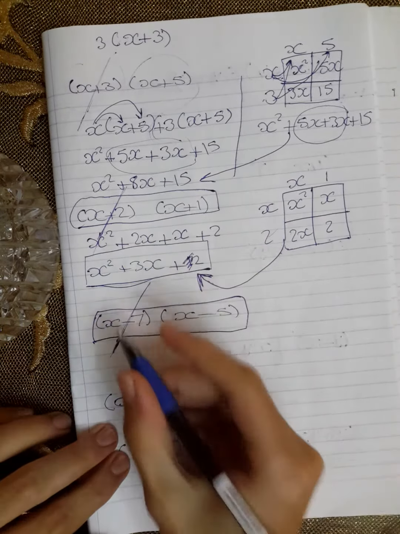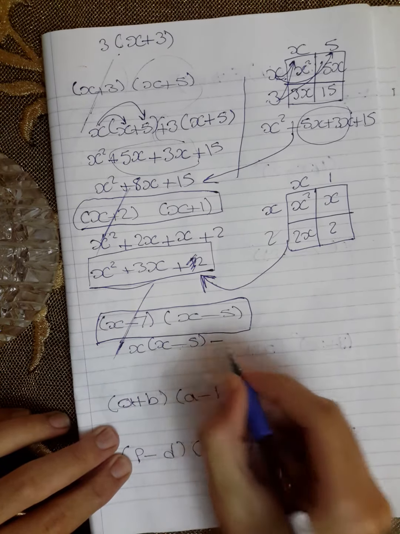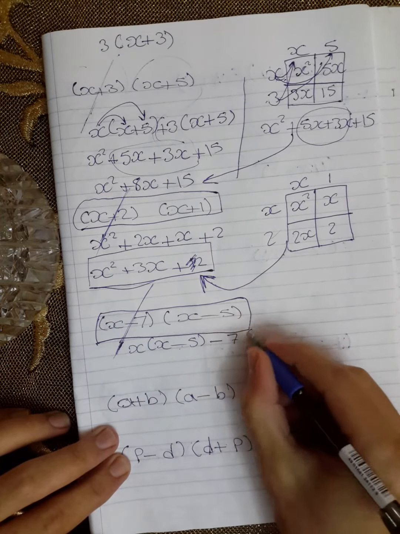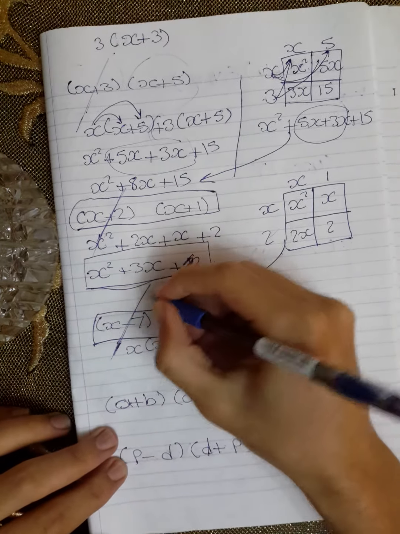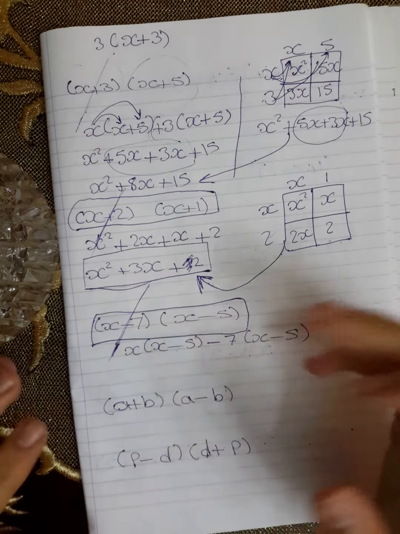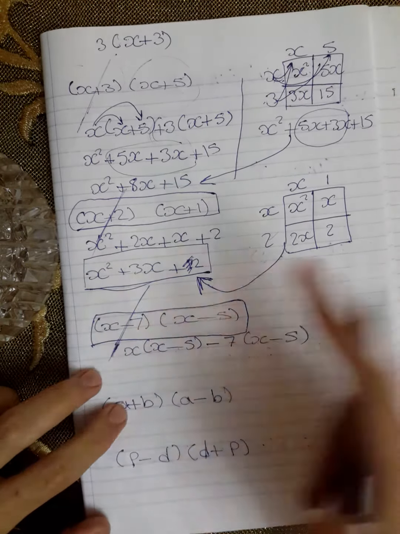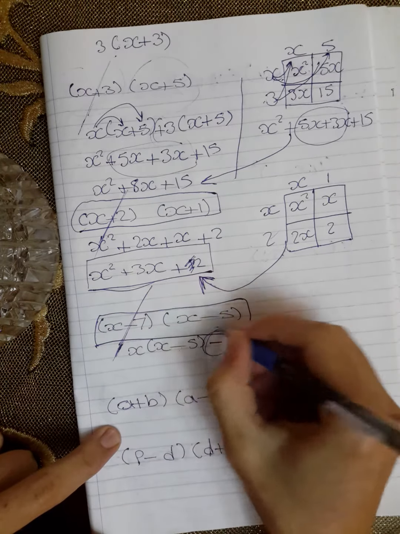Just break like that, x minus 5 and minus 7 and x minus 5. Now I broke the bracket and I separated the x and the 7.